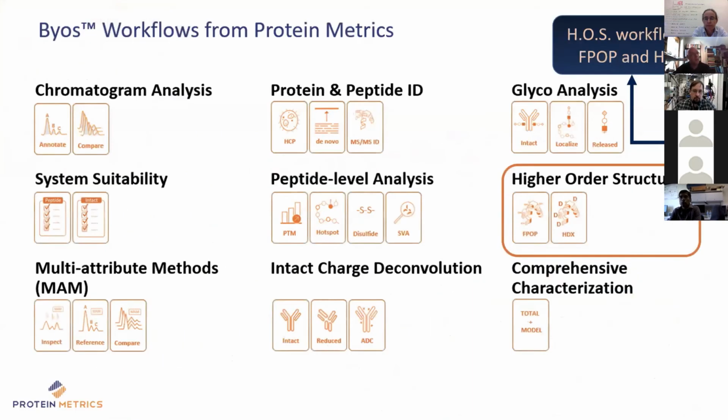Of relevance for today is that we have workflows that are geared specifically towards higher order structure. So obviously oxidative footprinting, which we've got a little FPOP label in there, and then also hydrogen deuterium exchange, which is currently in beta. So we see that as part of a higher order package overall.